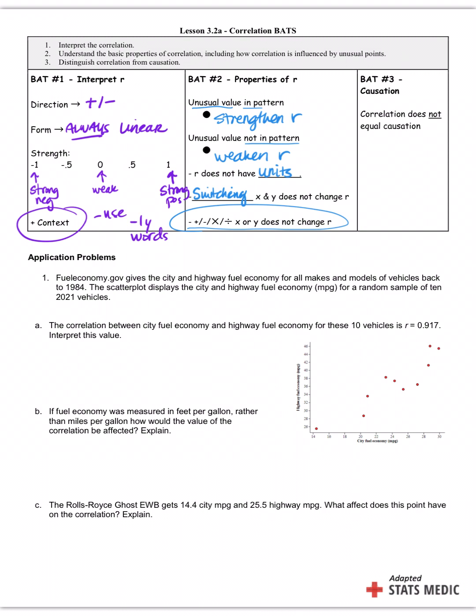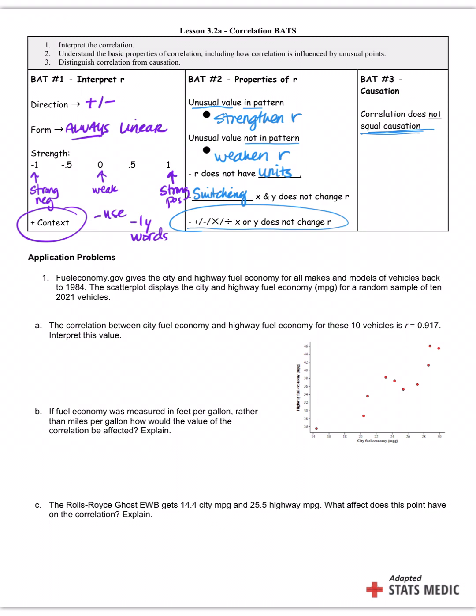And then the last thing, correlation does not equal causation. All right, so here's the thing. That sounds pretty easy to understand, right? Just because two variables have a correlation doesn't mean one causes the other. And that makes perfect sense, right? Okay, I already know that. But what they try to do is throw you some scenarios of, hey, there's a correlation between the temperature and ice cream sales of 0.99.